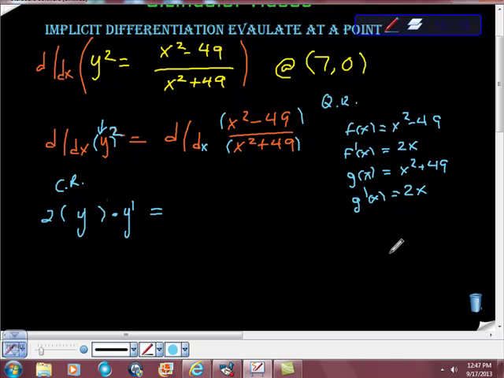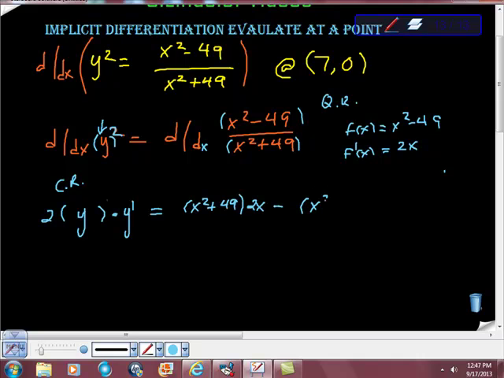So I'm going to go ahead and set up my quotient rule here. As I set up my quotient rule, we have g of x, which is x squared plus 49, times f prime at x, which is 2x, just 2x, minus, and I'm going to have to erase this to make some room for myself, f of x, which is x squared minus 49, times g prime at x.